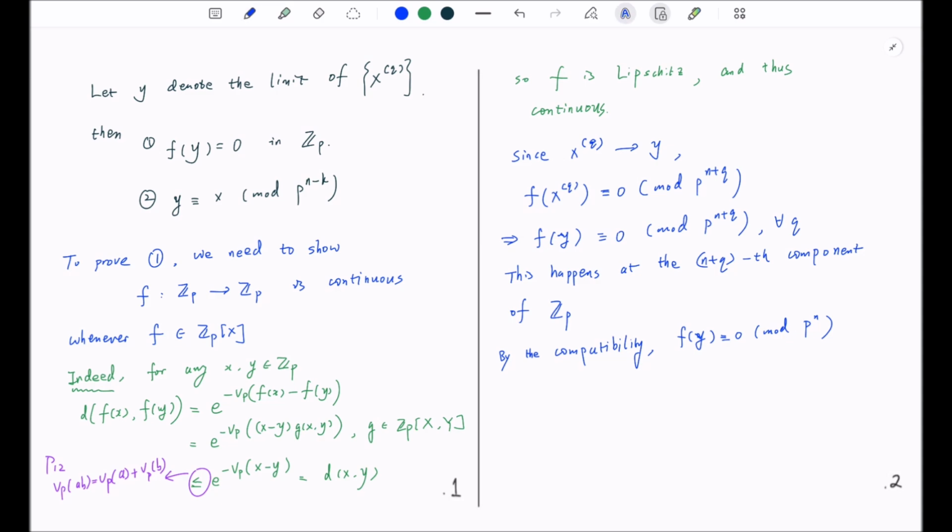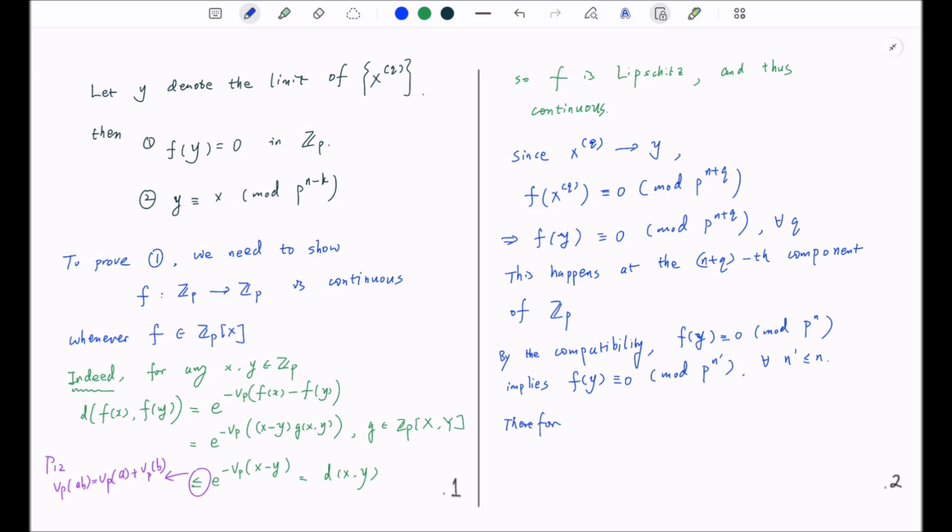For example, when q is equal to 0, f of y congruent to 0 modulo p to the power n implies f of y is congruent to 0 modulo p to the n prime for any n prime less than or equal to n. This is the compatibility in Zp.